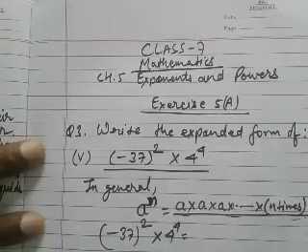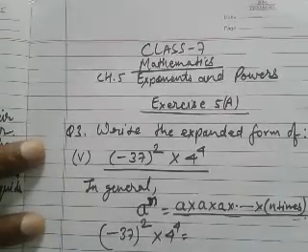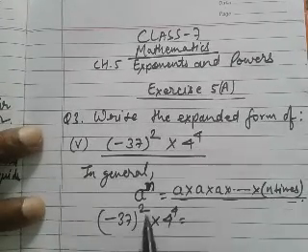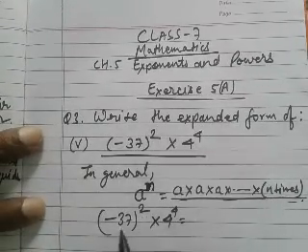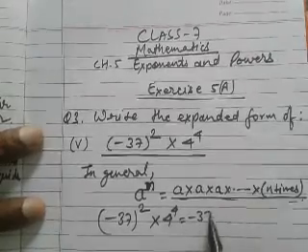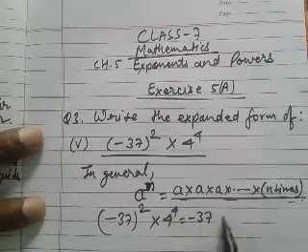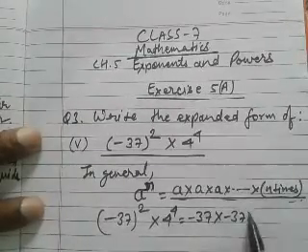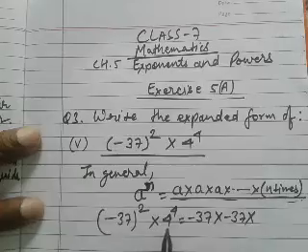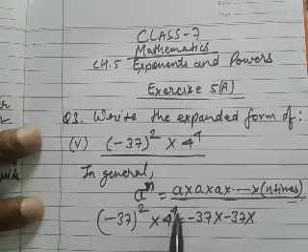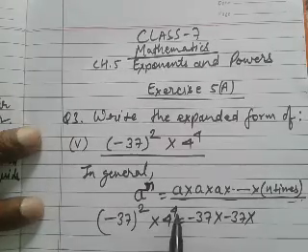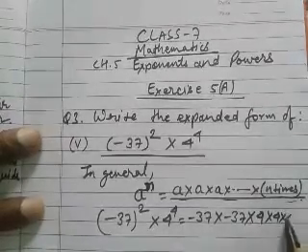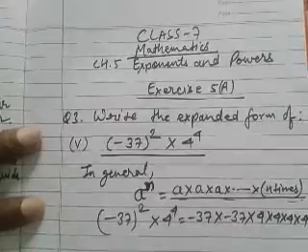Minus 37 to the power 2 means we have to write minus 37 two times: minus 37 multiply minus 37, and then multiplication 4 we have to write four times: 4 multiply 4 multiply 4 multiply 4.